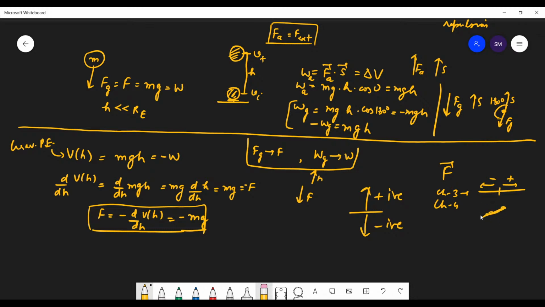So whenever it can be in any direction, I will use the vector, but whenever it is only motion along a straight line, I need not use vectors here. So this is, of course, a vector quantity, and the direction is given by this minus. This is the negative direction, so this is the direction of F_g.